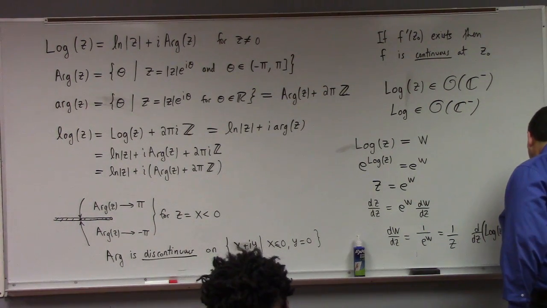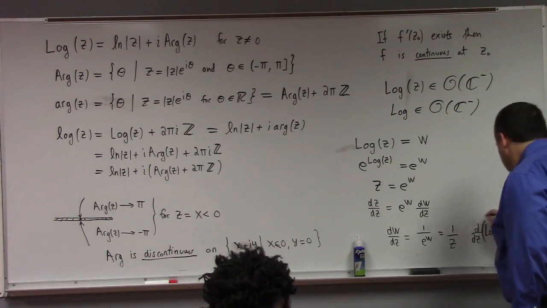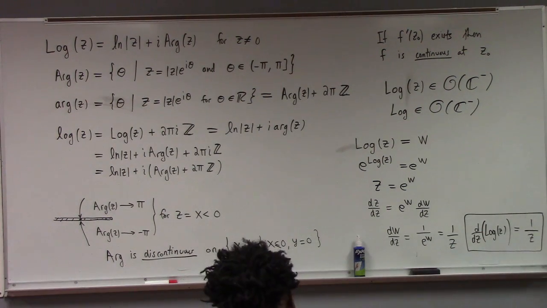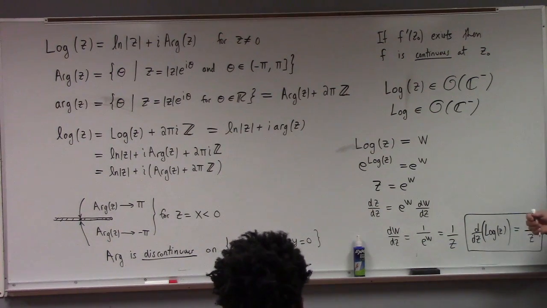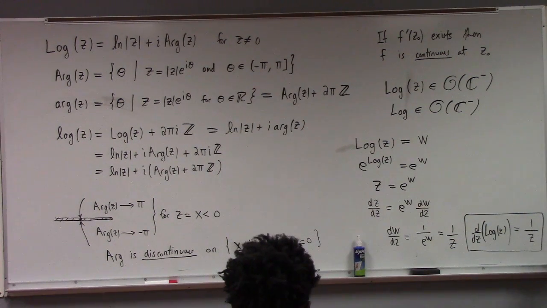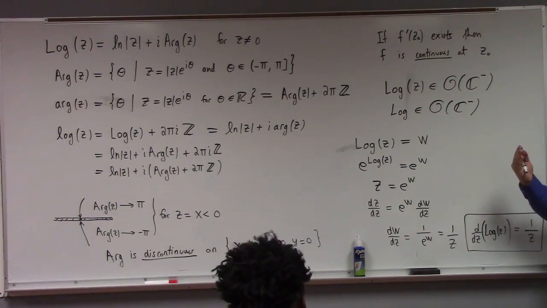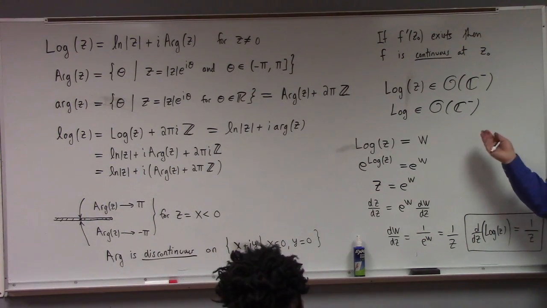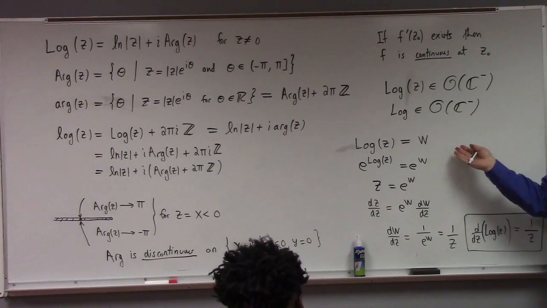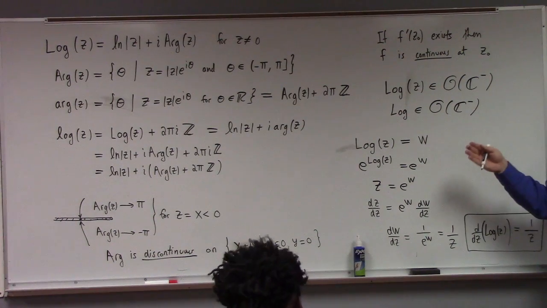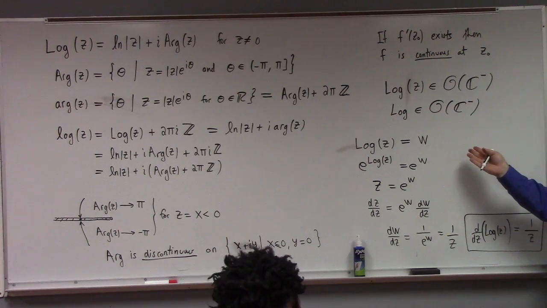Now, admittedly, I used something here: perhaps the implicit function theorem, or I suppose the inverse function theorem. And I tried to give you a sketch of a proof of the inverse function theorem last time. If you have a complex differentiable function and it has an inverse function, then that inverse function is also complex differentiable.